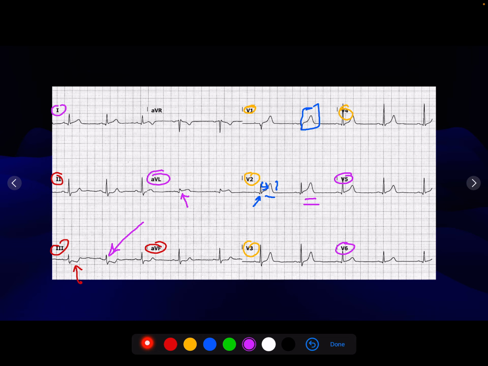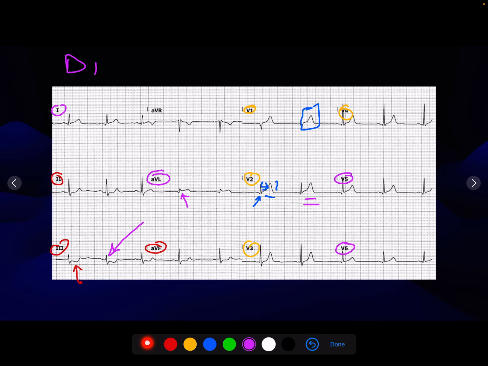And in fact, what we're seeing here is something referred to as the South African flag sign, and that is beyond the scope of this specific video, but it is a finding of elevation and depression in certain leads that looks kind of like the South African flag, and it suggests that you have occlusion of a branch of the left anterior descending artery, specifically the diagonal or the D1 branch of the LAD, that is causing this high lateral myocardial infarction.